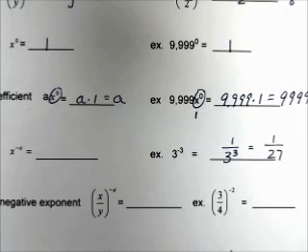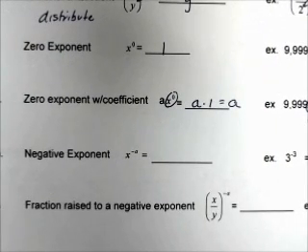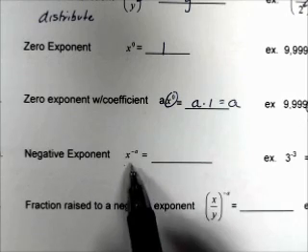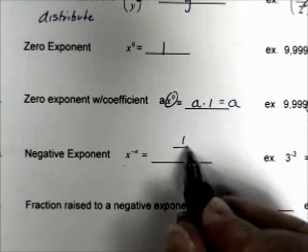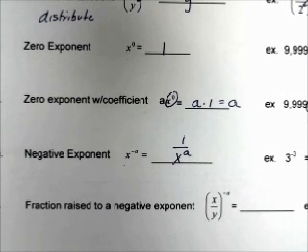So this is equivalent to 1/27. So in general, x to the negative a is going to equal 1 over x to the positive a. So to take care of a negative exponent, you write it in a denominator with a positive exponent.